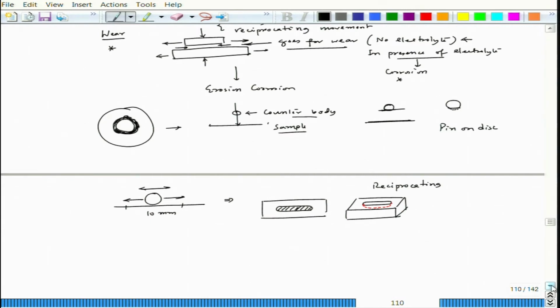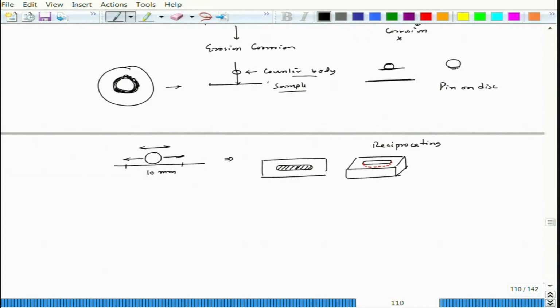But in case of reciprocating, you can also have a situation that this reciprocation can happen at a very small amplitude. So, instead of 10 millimeter, this length could be of the order of a few microns, let us say less than 10 to around 100 micrometer, it can vary.